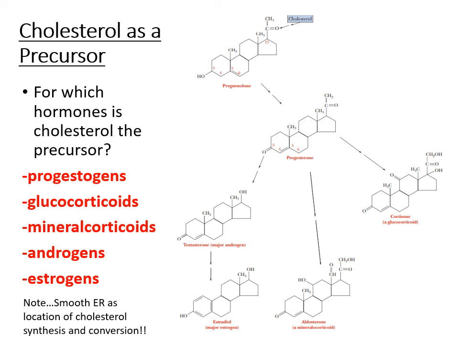So this includes the sex hormones testosterone, estrogen, progesterone, and it also includes mineralocorticoids or glucocorticoids, which are hormones such as aldosterone being a mineralocorticoid and cortisone being a glucocorticoid.